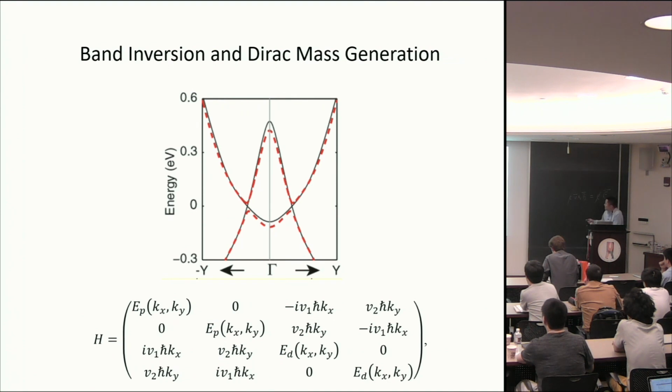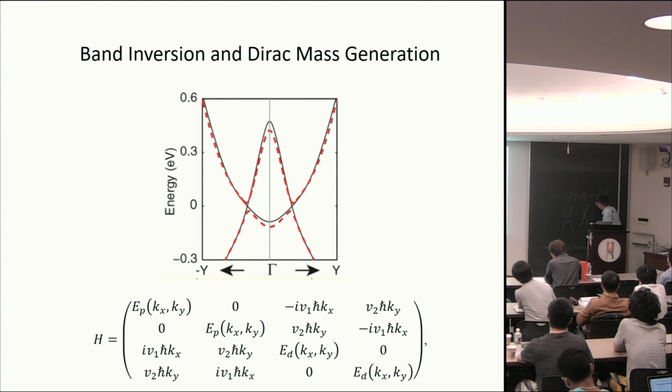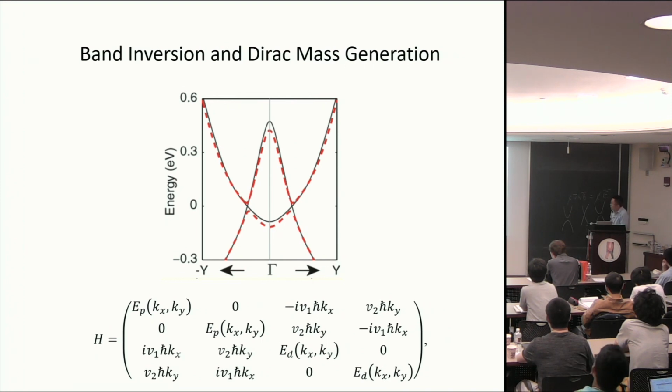So this is also a good example to connect 2 scenarios, let's say 2 mechanisms, for generating a TI. In mercury telluride, the system is close to band inversion. So we have, let's say, 2 parabolic bands. They touch each other under some changing parameters, and then they open up a gap. So in these systems, all the physics happens right near the gamma point.